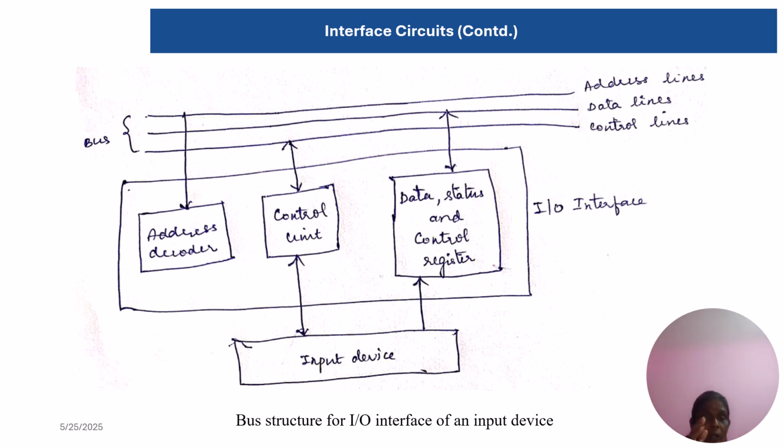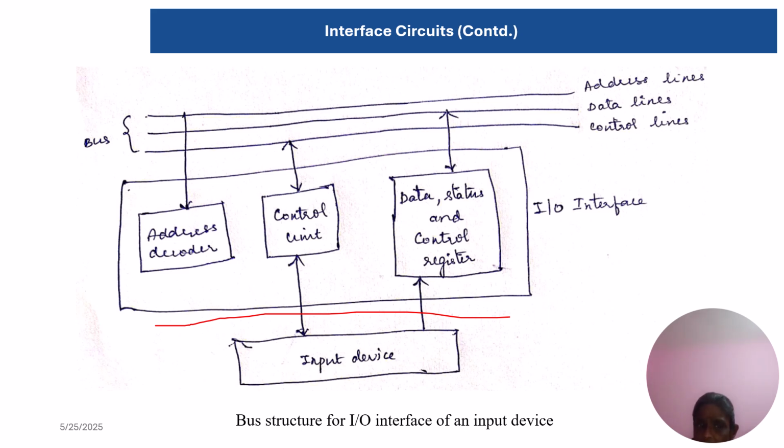Next one. So that diagram is shown here. This is the interface, the I/O interface. One end is connected to the input or output device, and another end is connected to the buses of the CPU. So first one, address line, it is connected to the address decoder.